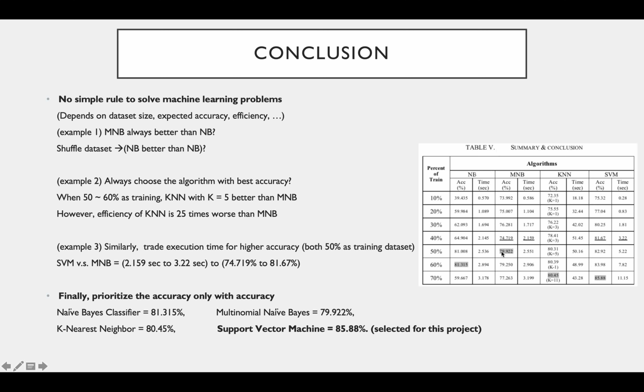So you see that when we use 50% as the training dataset, the execution time for multinomial naive Bayes takes just 2.5 seconds. However, we need 50 seconds to execute the KNN algorithm. So obviously the efficiency of multinomial naive Bayes is better than the KNN algorithm.